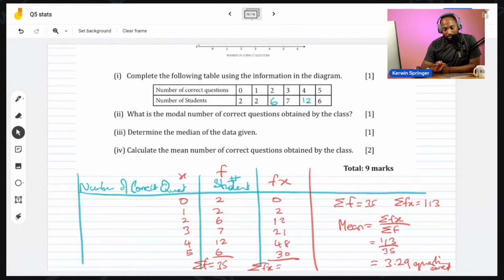So this is equal to 3 to the nearest question. Maybe they're not given that kind of 0.29 marks here. So I'll put this first and then say 3 to the nearest question.